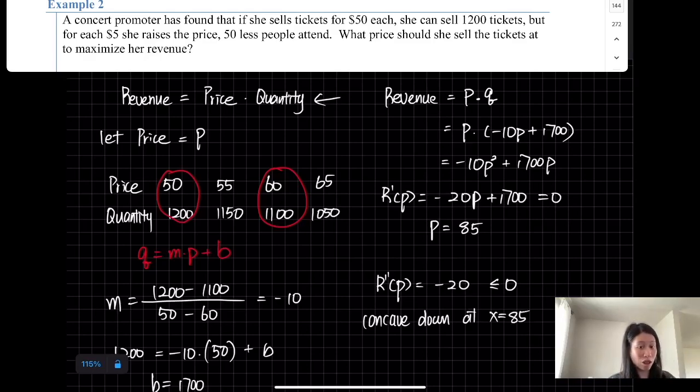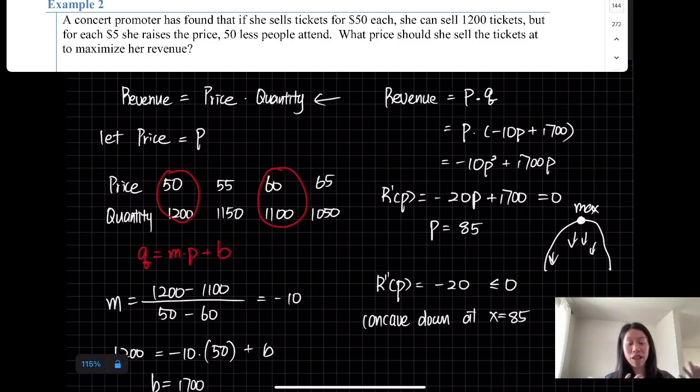So that means this is going to be a maximum, because if it's concave down, going down, you will have a maximum. So in a word, you need to write in the sentences: the promoter will be able to maximize the revenue by charging $85 per ticket.